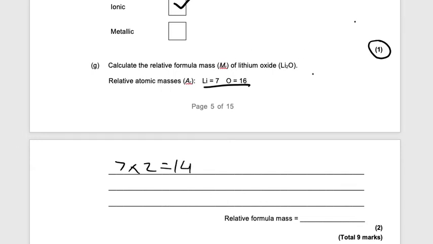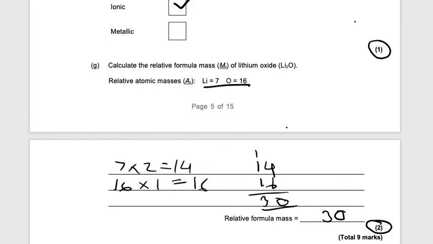And then we have oxygen, just 1 atom of it, so we would do 16 multiplied by 1, which gives us an answer of 16. And then we would just add them together. So 14 add 16 would give you an answer of 30. And that would get you 2 marks. And remember, relative formula mass has no units.